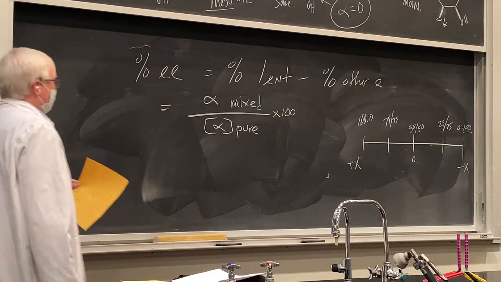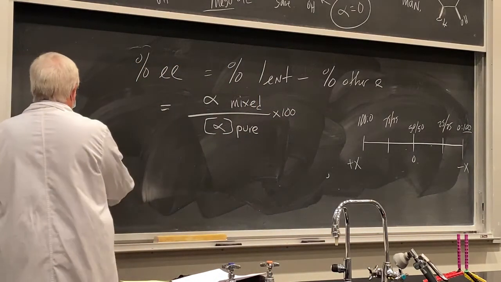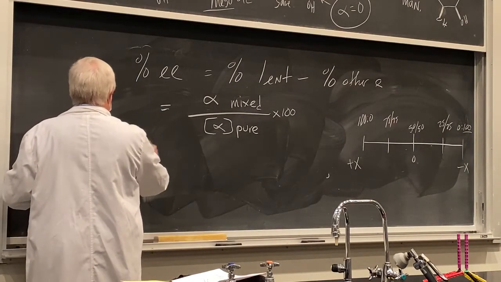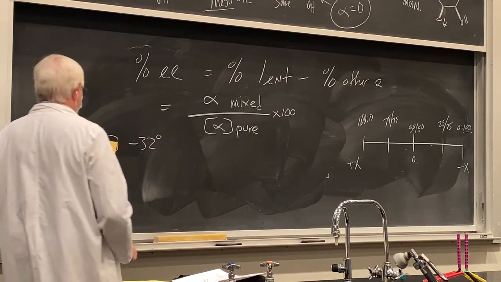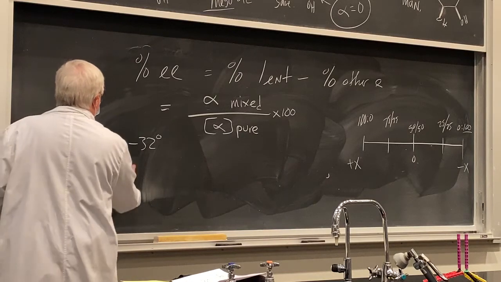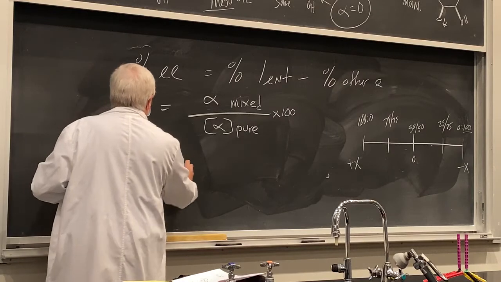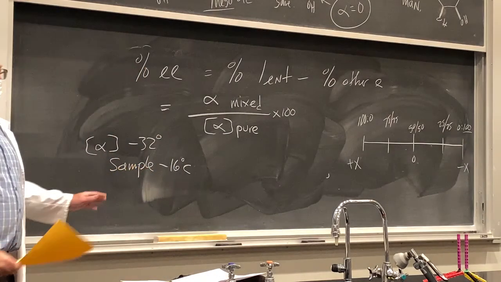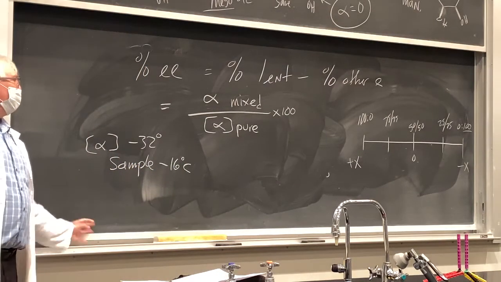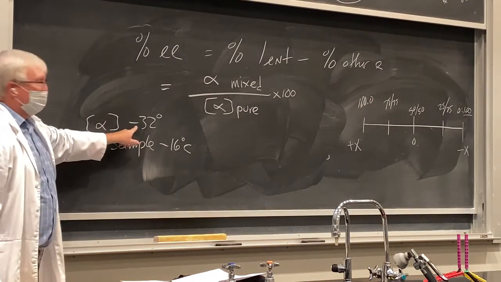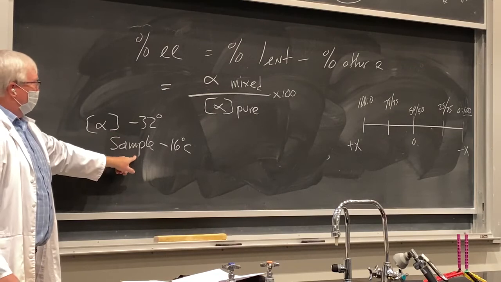Okay? So let me give you this. Let's say the specific rotation of the pure form is minus 32 degrees, and you have a sample here that's minus 16 degrees, okay? So you're not sure what the ratio is of the enantiomers, but you know the pure one is minus 32, and your mix is 16.